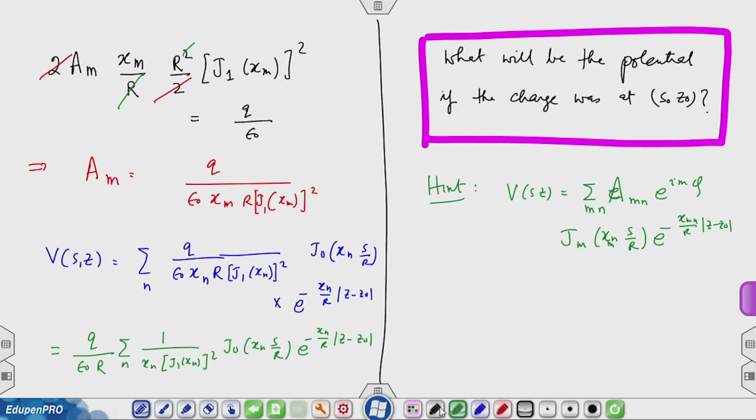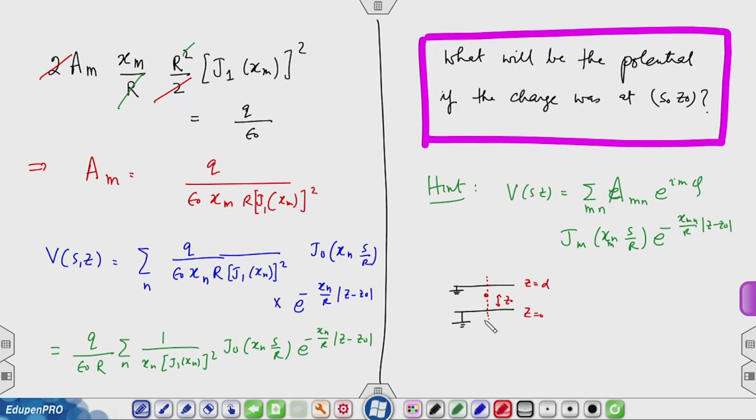Let me give you another related problem. Consider two grounded plates of infinite extent, and then I put a charge in between at a height z0 from the lower plate, which is at z equals 0, the upper plate is z equals d. And let this be right above the origin.